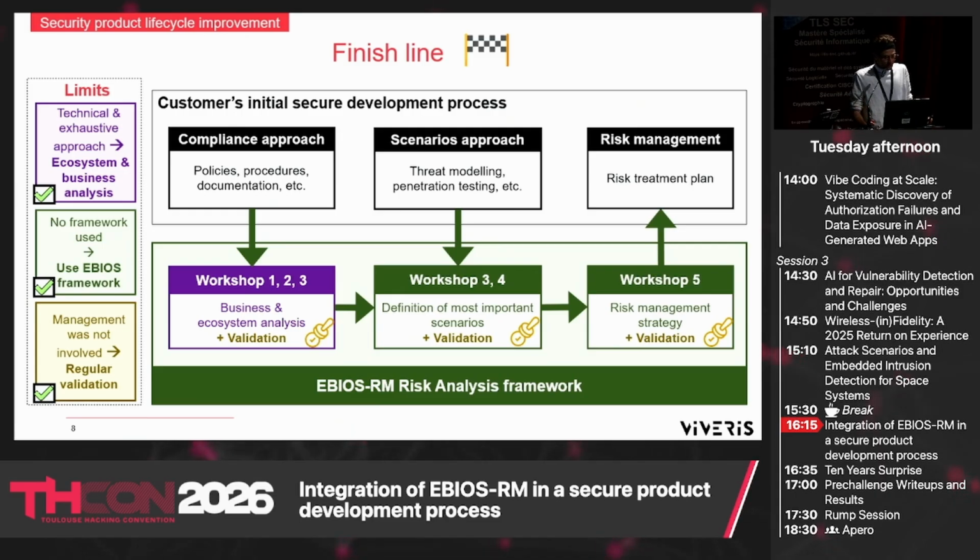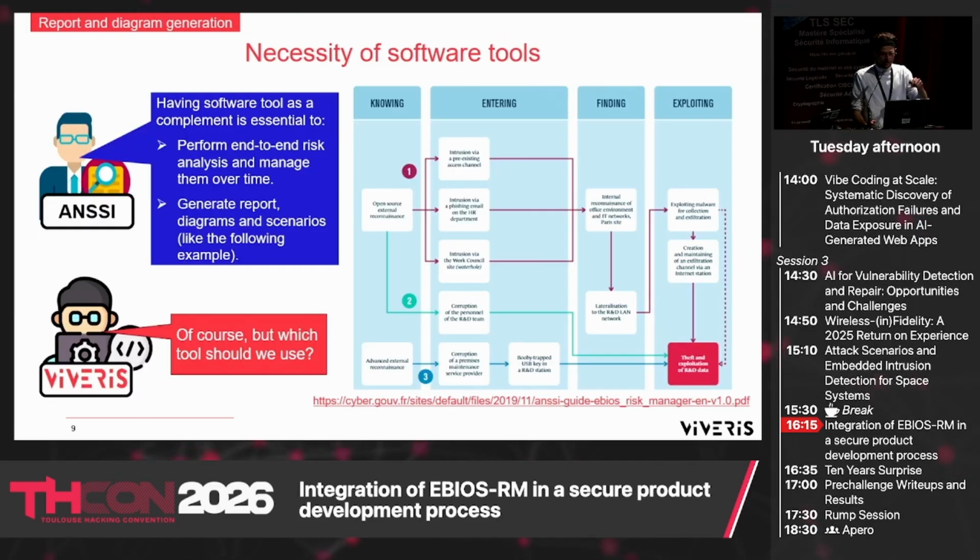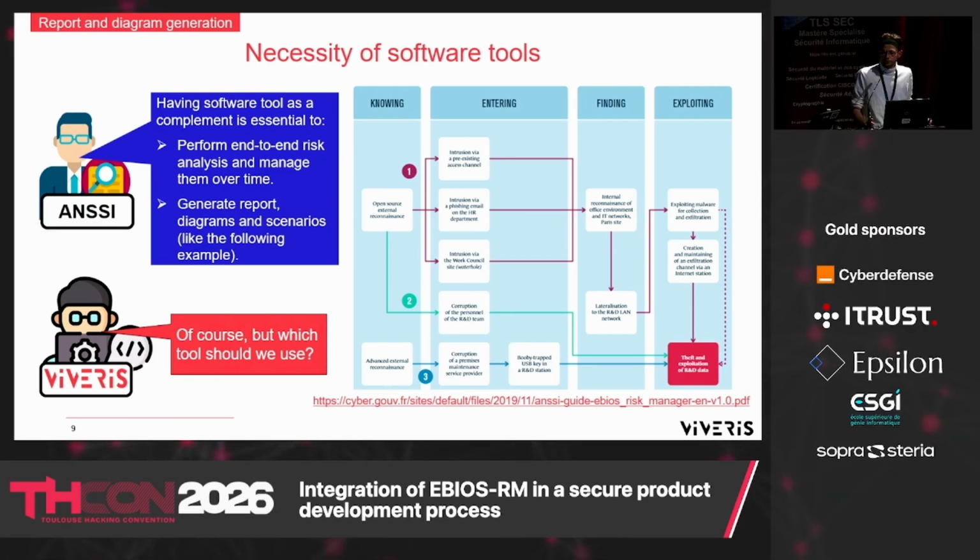And we have another challenge, which is to perform the analysis efficiently. For that, ANSSI recommends to use dedicated tools. These tools allow us to manage results, to generate reports, diagrams, and specific, above all, operational scenarios like this example given by ANSSI guidance.